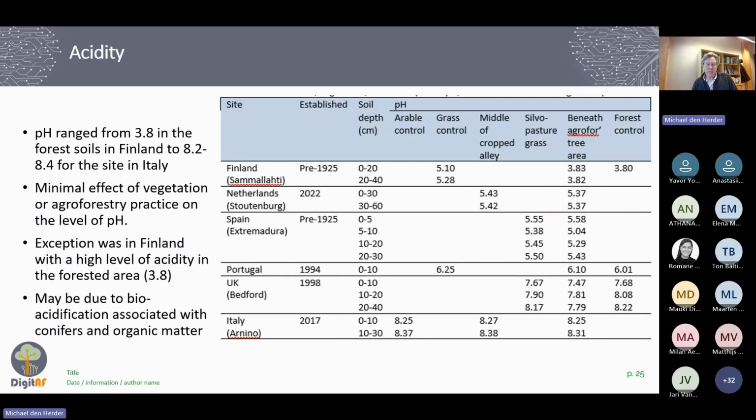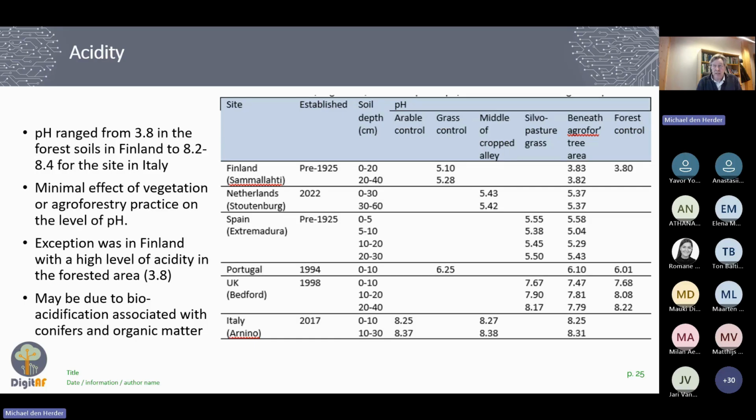If we look at the acidity, the pH ranged from 3.8 in Finland to 8.2, 8.4 in Italy. So 3.8 is extremely low, but that's probably caused by the low temperature, an accumulation of biomass, and also the presence of coniferous trees.